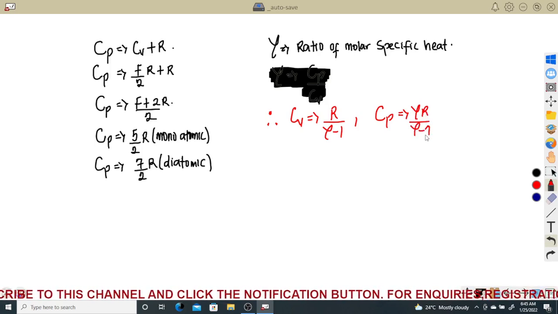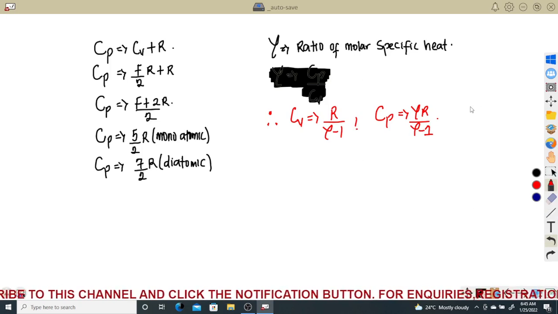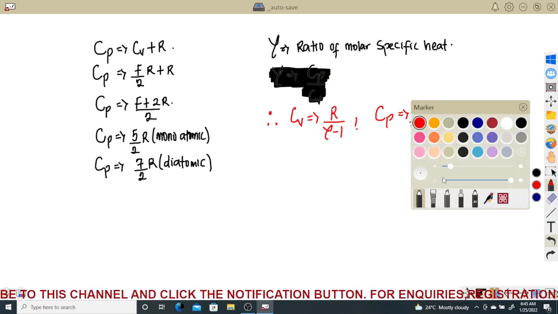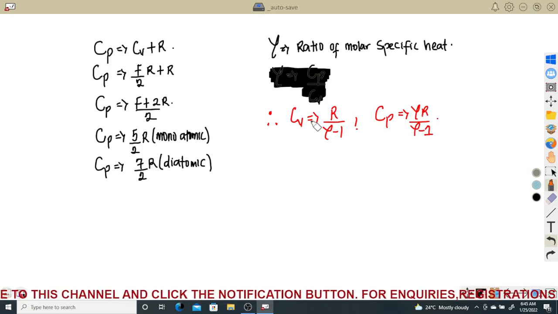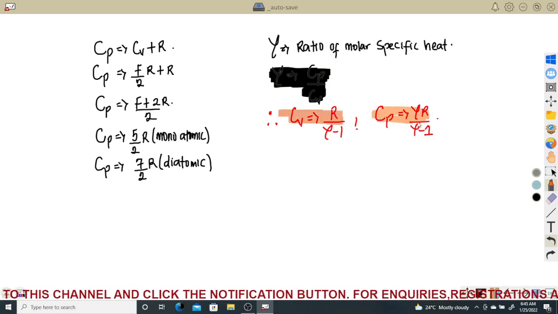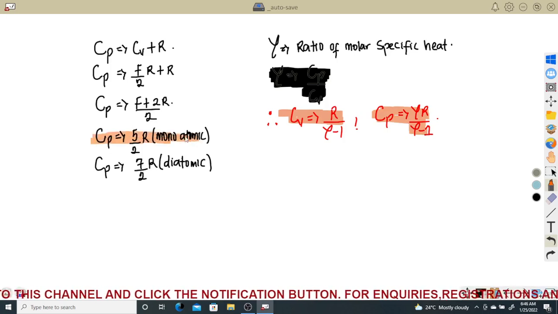So if the question is in terms of the ratio of specific heats, gamma, this is the interpretation you give to it. Formulas are important in physics, and that is the essence of giving you all these important formulas as you need them.